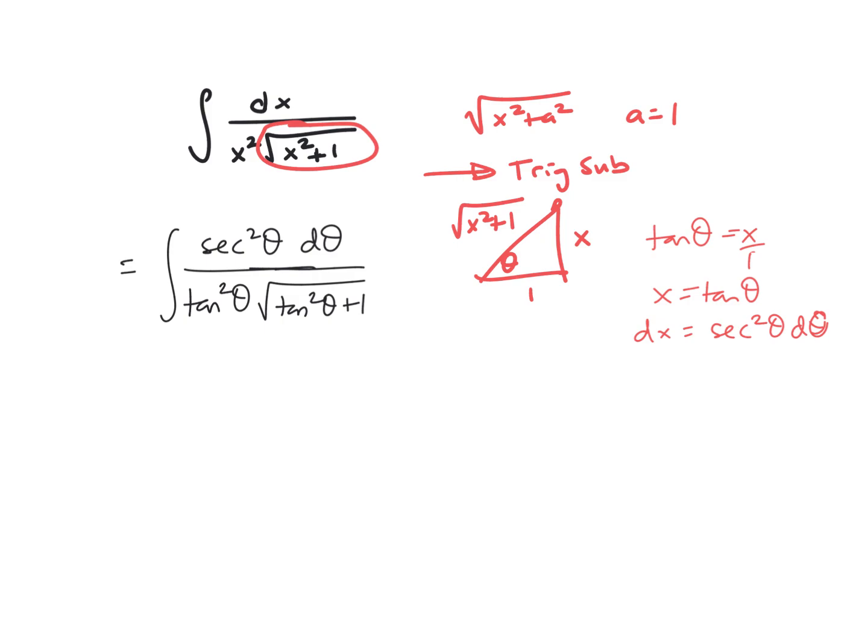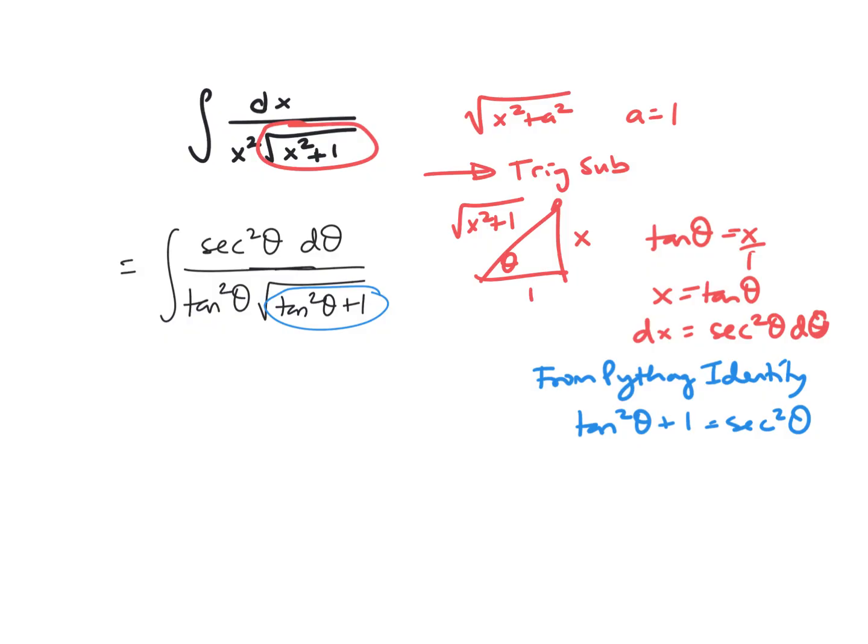All right, so that's a doozy. But we got some trig identities we can use here. This piece in here, from the Pythagorean identity, this simplifies to just secant squared on the inside.